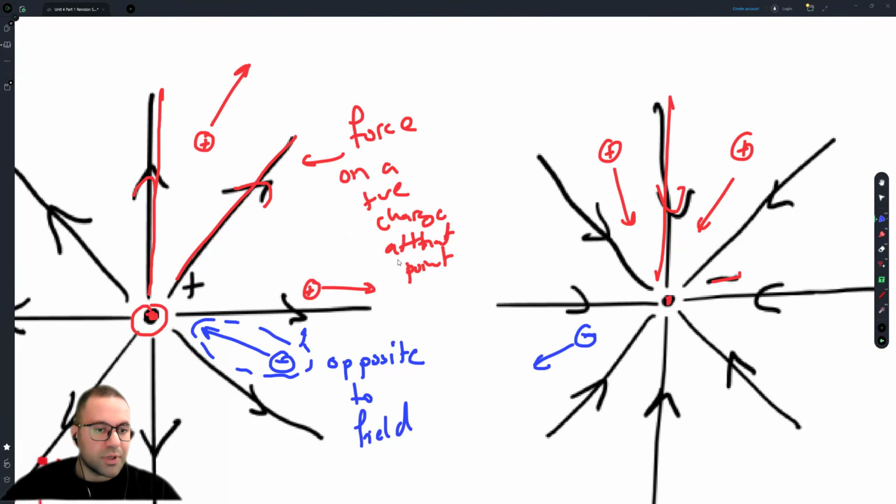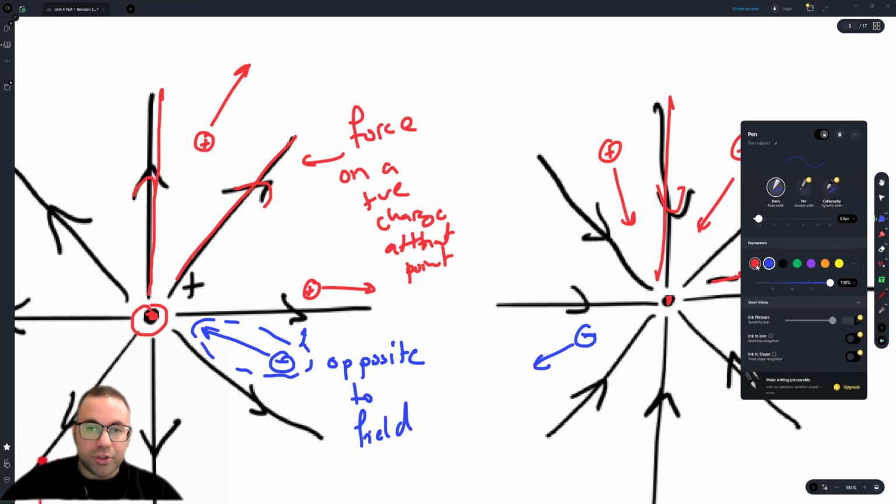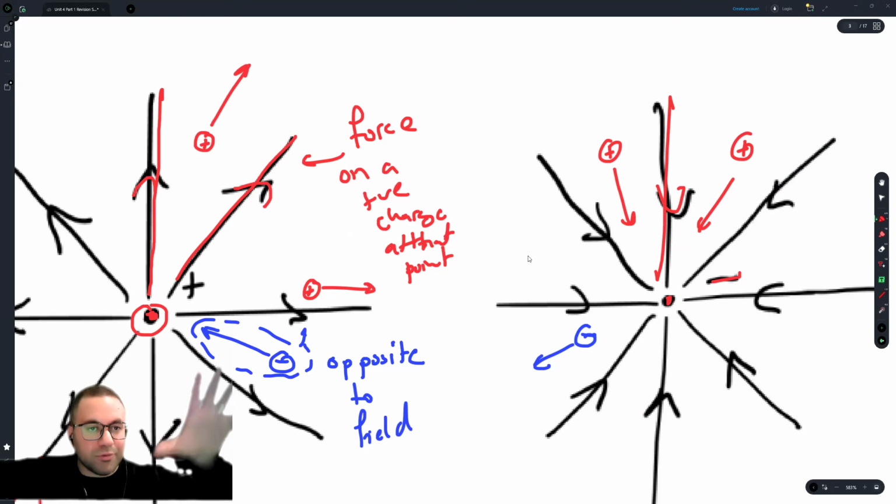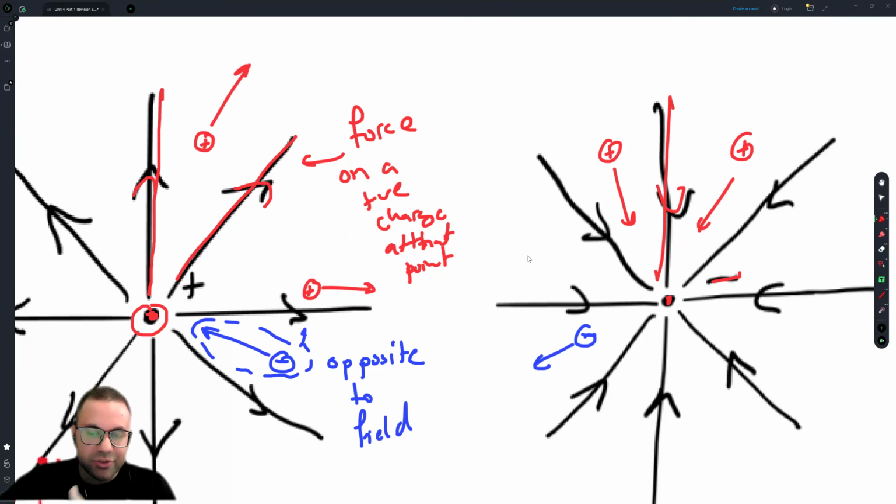Okay? So when I ask you to draw the field lines, you always draw them going out of a positive charge or into a negative charge. Out of a positive or into a negative.